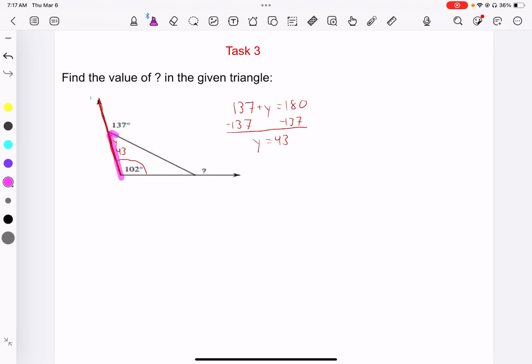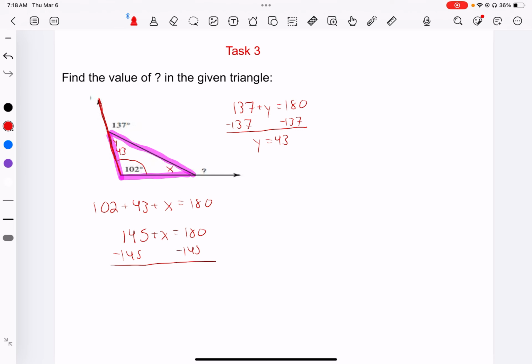Now looking at my triangle, I notice that I have two of the three angles. So if I call this x, 102 plus 43 plus x has to equal 180 degrees. So 145 plus x equals 180. When I subtract 145 from both sides, x equals 35.